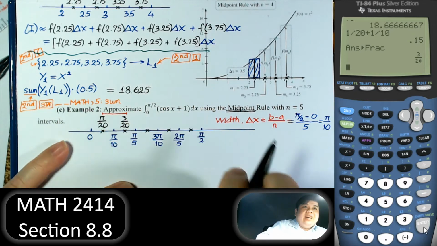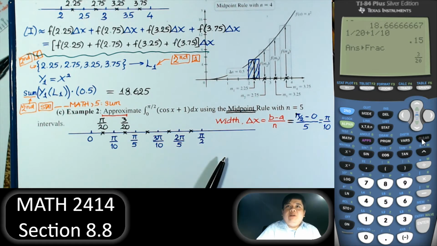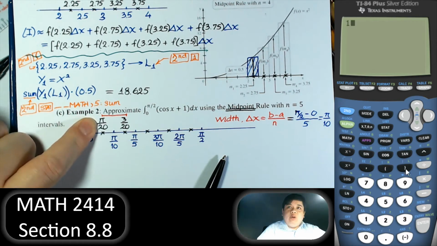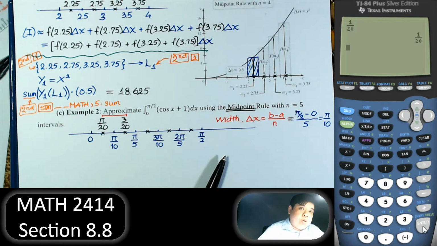Right. Here is what we can do though. First, you're going to hit pi over 20, so 1 over 20. Let's do fraction. 1 over 20. Hit enter. That's good, right? Next, we're going to add to that. Take second, negative sign, which is the last answer stored in the calculator. By this, it's going to be that number, 1 over 20.